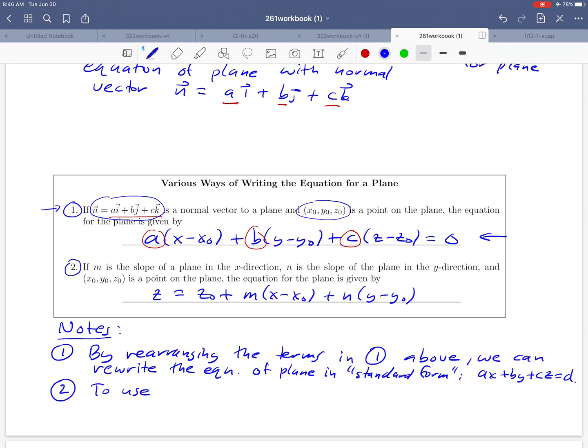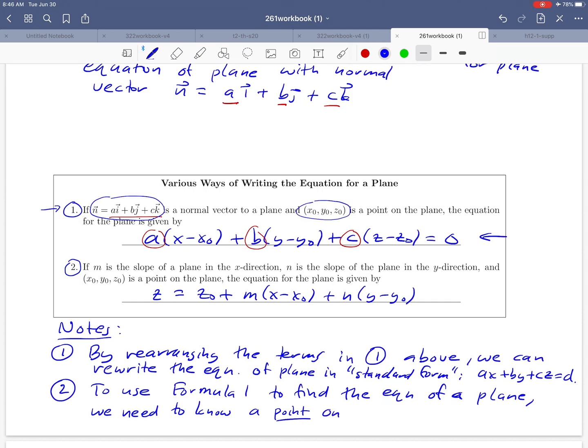So we'll say that this way: to use formula 1 to find the equation of a plane, we need to know two things. We need to know a point on the plane, and a normal vector to the plane.